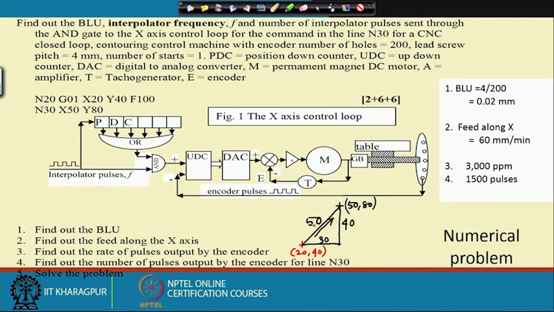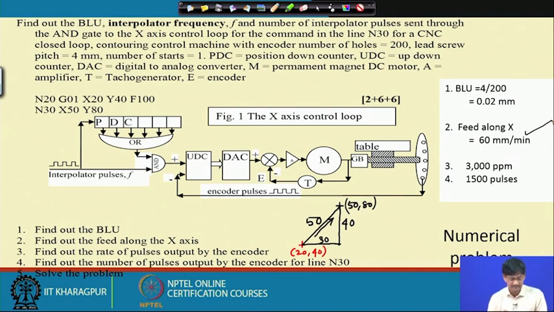So, if 50 is here, by Pythagoras theorem, we can say this is 30 and this is 40. So, if 100 is here, since feed triangle and displacement triangle are similar for linear movements, if 100 millimeters movement is there, we must be having 60 millimeters per minute movement along x axis. Okay. So, that is why feed along x axis is 60.